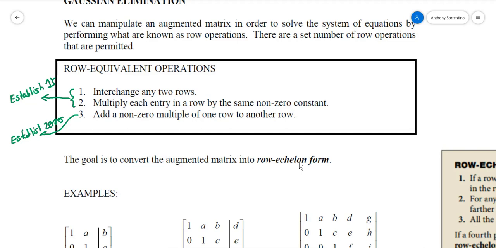The other thing to keep in mind, and I put a nice big star here: when we do these row operations on an augmented matrix, whether it's getting it to row echelon form or, eventually, reduced row echelon form, I would like to establish the ones first and then the zeros in each column.